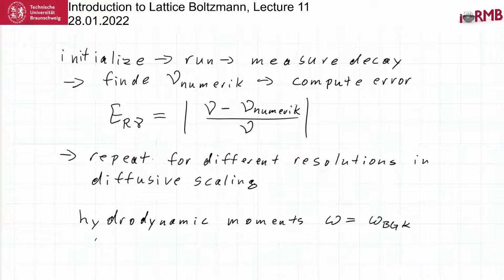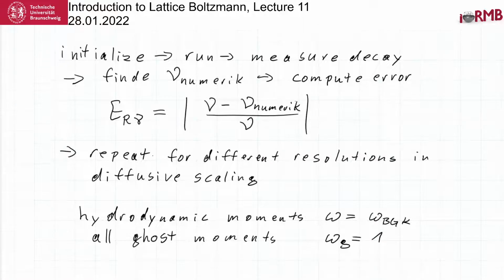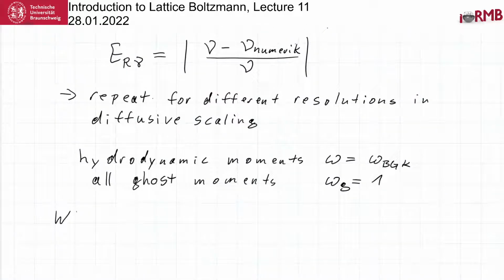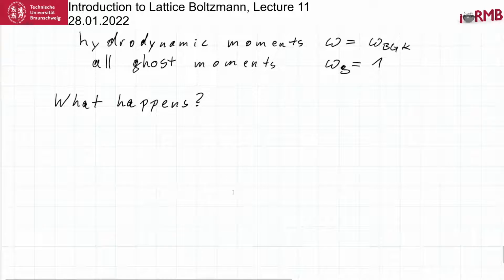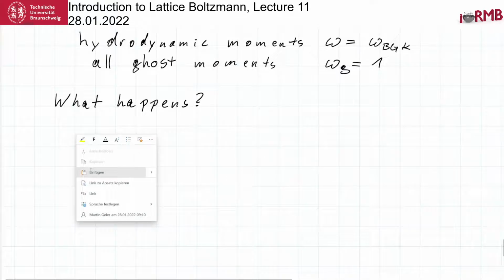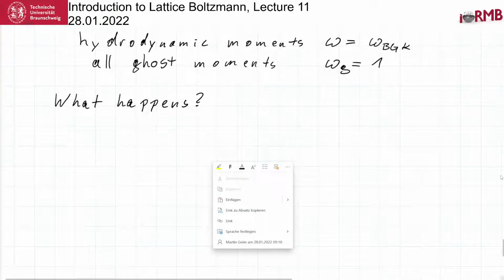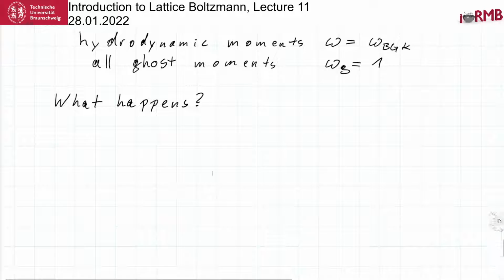And we have all the ghost moments with omega g equal to 1. And now the question is, what happens?